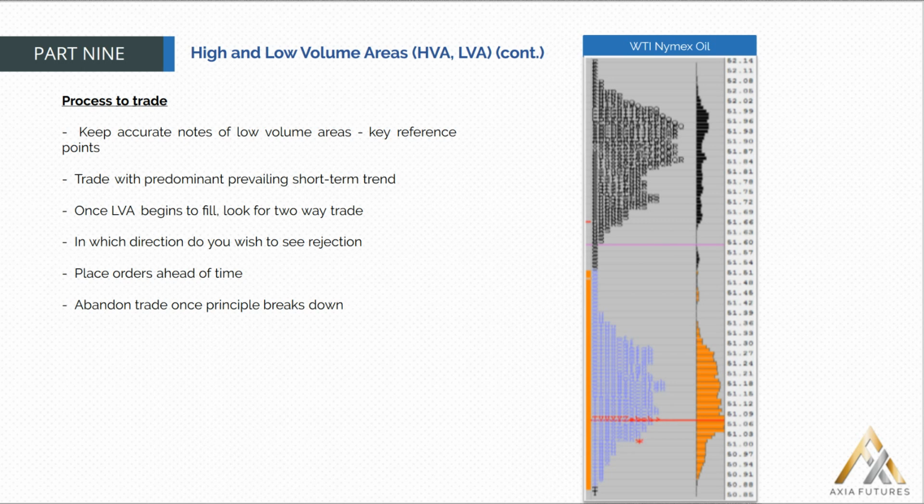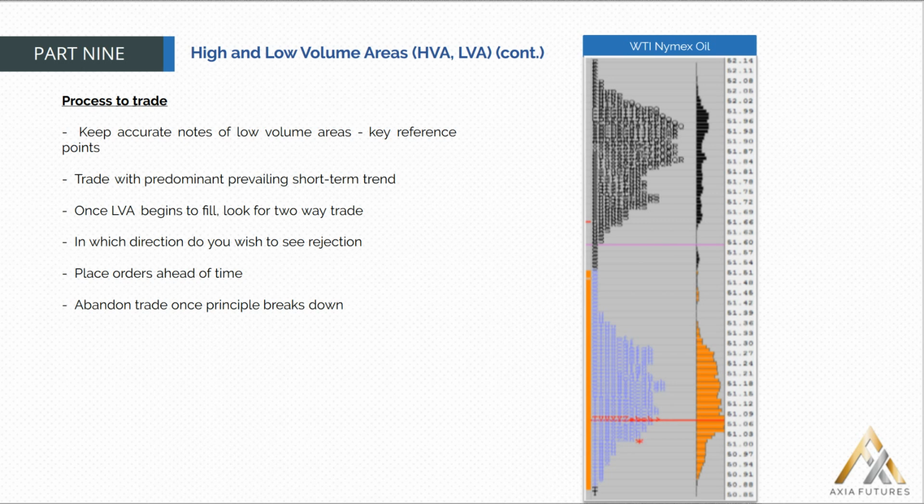So in the example that you can see here, we have almost a double distribution formed at the end of the day. But what you can clearly see is that the morning period spent at the higher end of prices, we then had an initiative move from sellers, and the market then began to facilitate trade in the lower bound of the day's range.